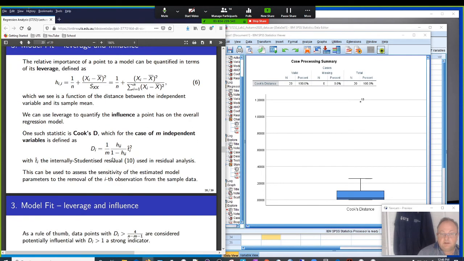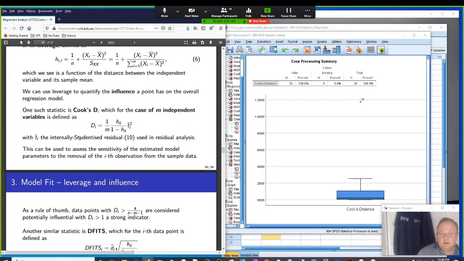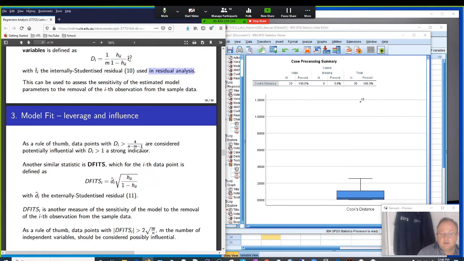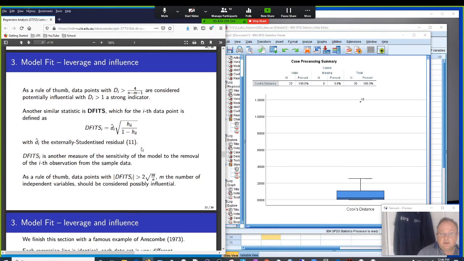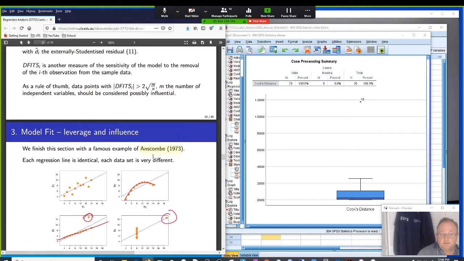So here's our distance, our D, independent variables, studentized residual used in residual analysis, so that's what we're doing here, and we're looking at this from that point of view.